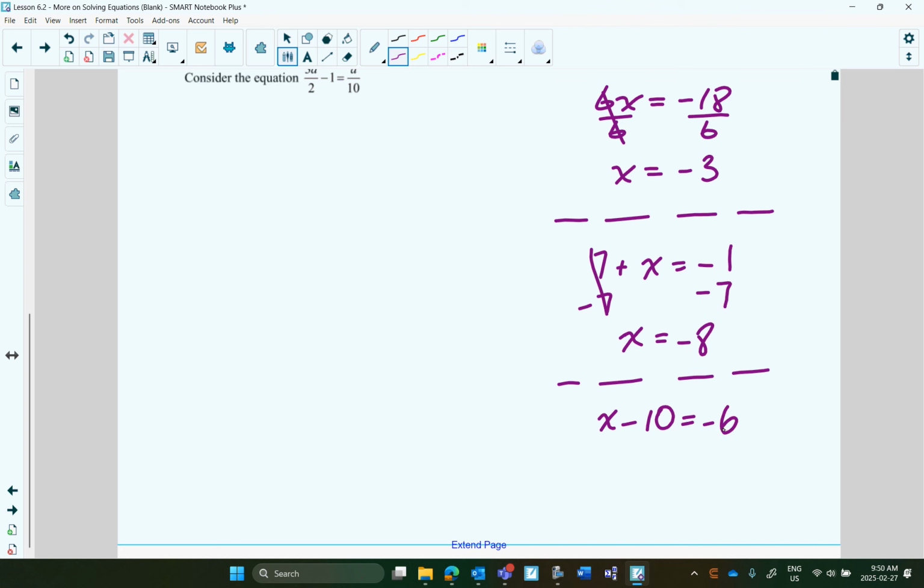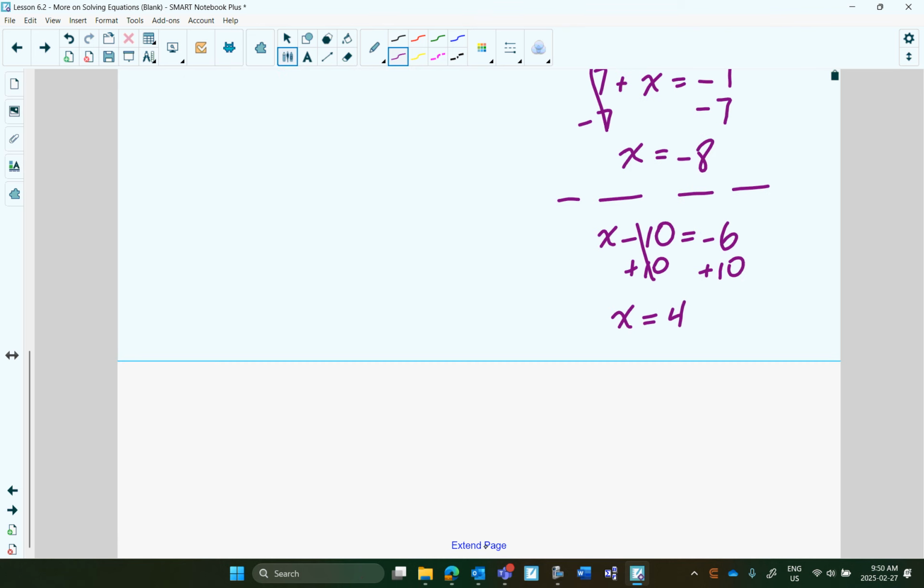How about this one? Add 10 to both sides. And therefore, x is equal to negative 6 plus 10, which is 4. How about this one?